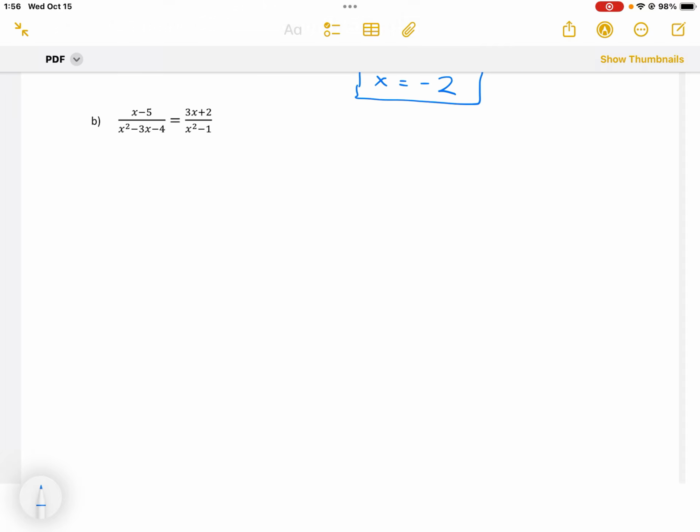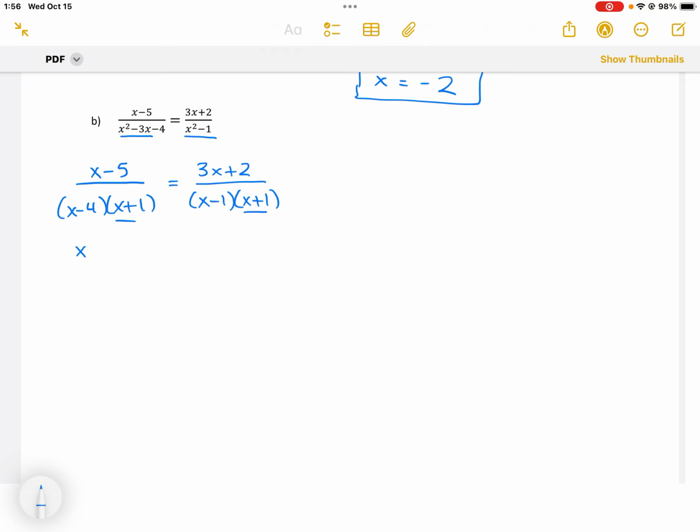On the second example here, I notice that I now have to factor both denominators, so I'm going to start with that. My first one factors to (x minus 4)(x plus 1). And then 3x plus 2 over a difference of squares, (x minus 1)(x plus 1). I notice that I have a common factor, so my common denominator for both is (x minus 4)(x plus 1)(x minus 1).